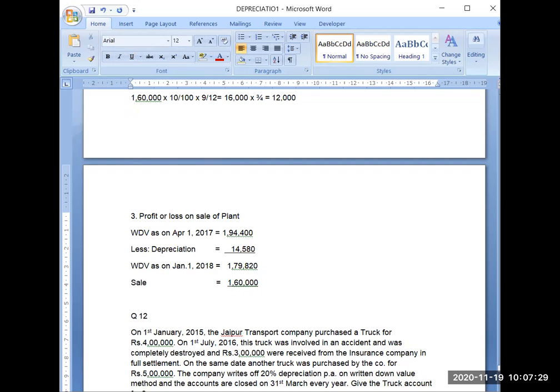So finally, the loss on sale will be, we should write here loss on sale. Loss is equal to 19,820.